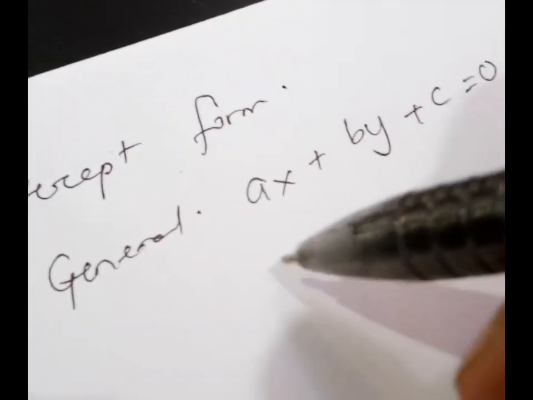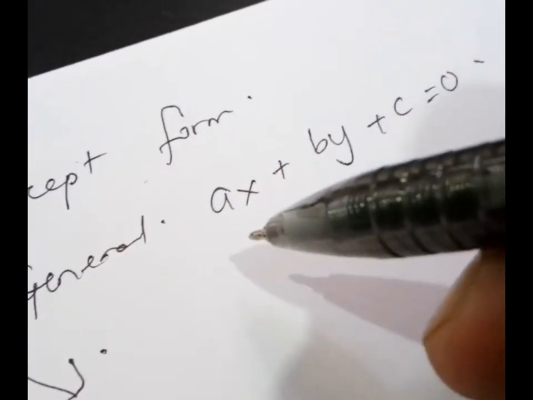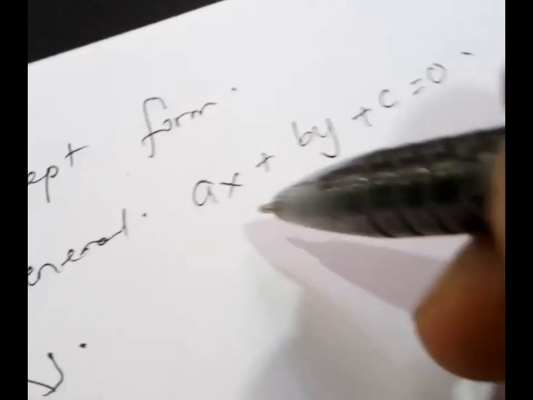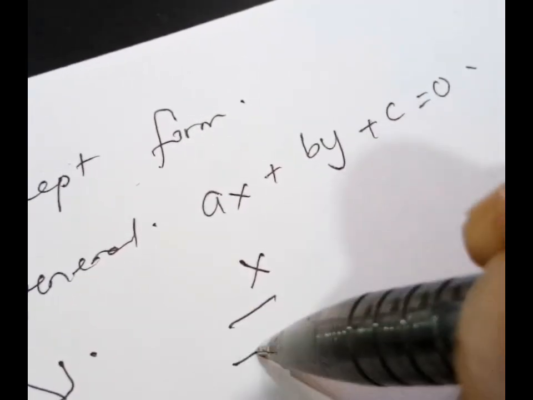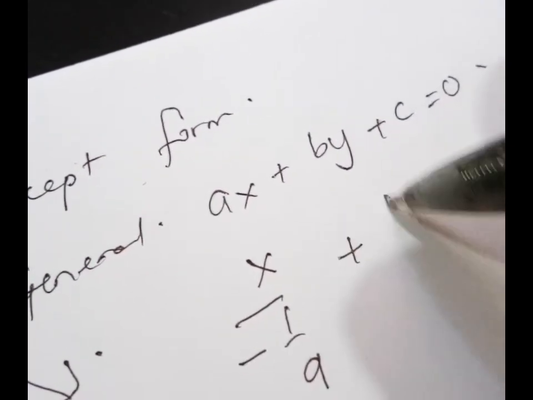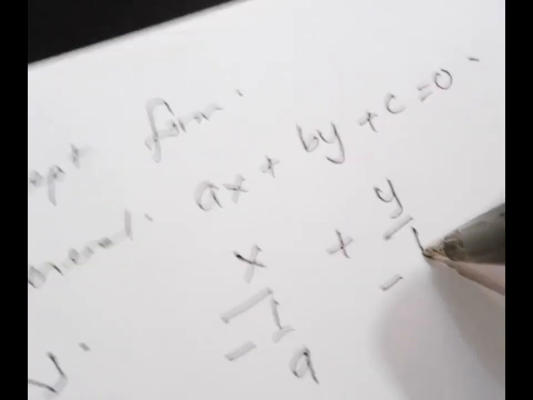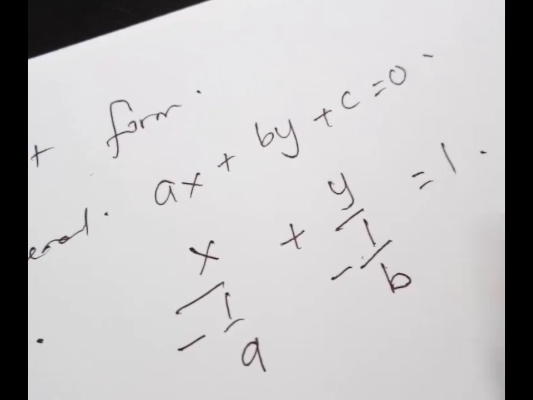In the intercept form, we transform the general form into x over minus 1 over a plus y over minus 1 over b equal 1.